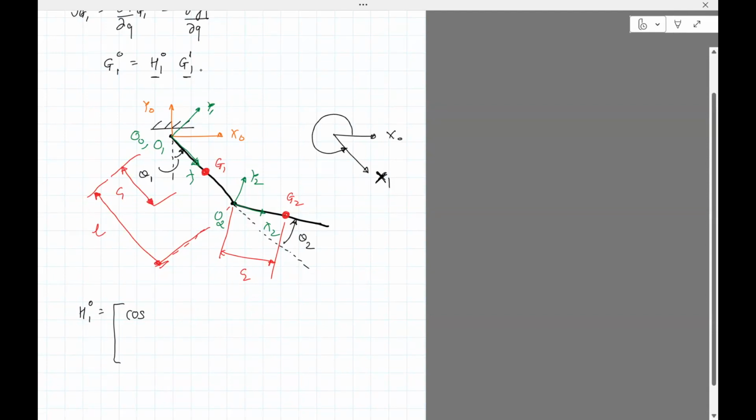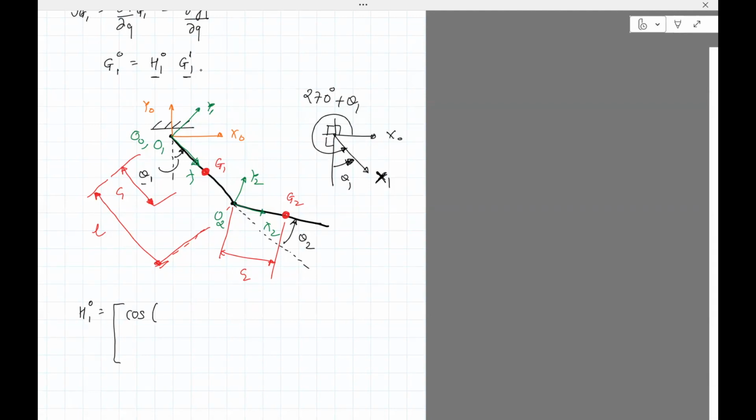Theta 1 is given to us, I just put it from here. To get the angle from x0 all the way to x1, that's going to be 270 degrees plus theta 1, right? 90, 90, and 90, so that's 270, and then theta 1.